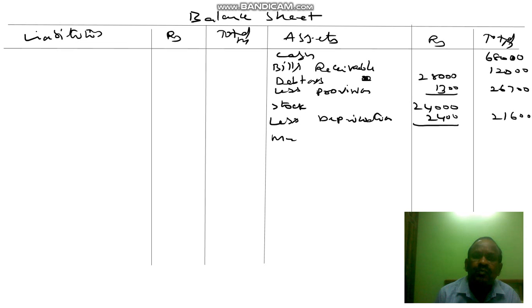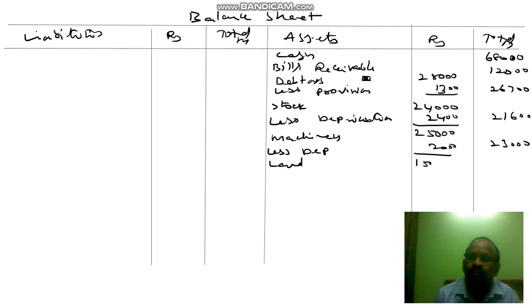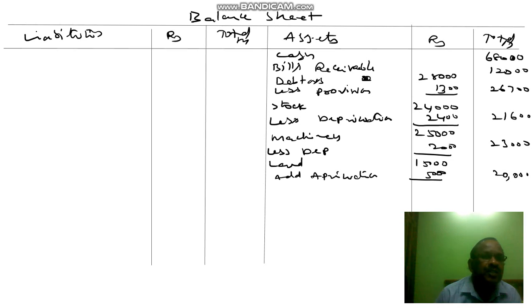Next, the machinery is 25,000 less depreciation 2,000, so the remaining balance is 23,000. Next, land is 15,000 add appreciation on land 5,000, so here it is 20,000.